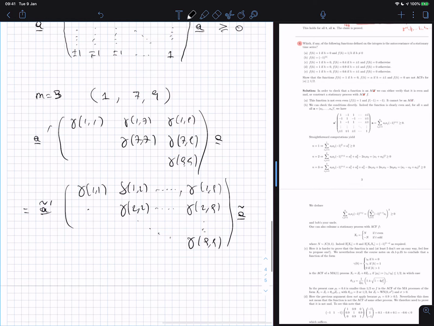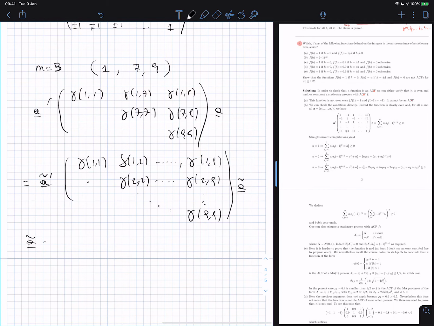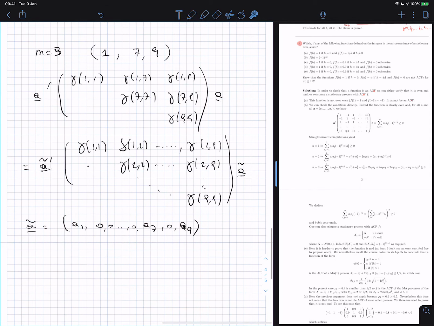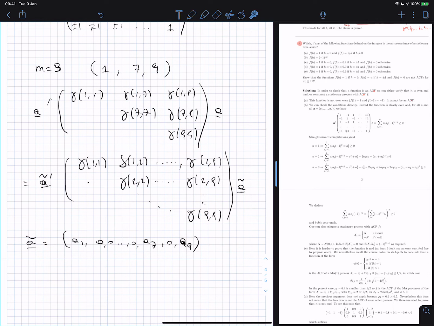A tilde, where A tilde is what? It's going to be A1, 0, 0, 0, A7, 0, 0, and then A9. So I can see this computation here as a particular case of this computation here with a vector which has zeros at the components which are not taken into account.